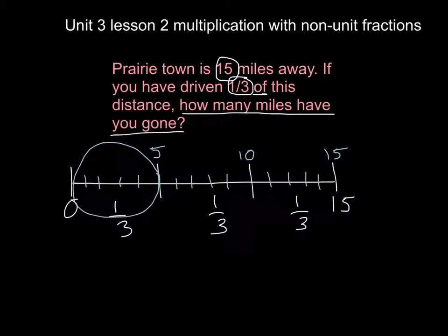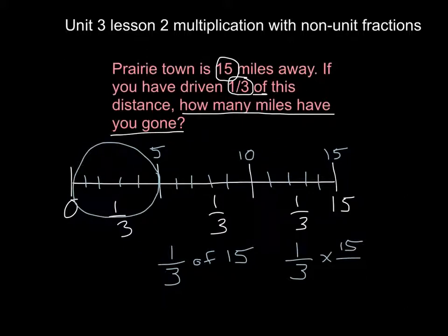So let's solve this using multiplication of whole numbers and fractions. So we'll set this problem up. I drove 1/3 of 15 miles. I know from the previous lesson again that of means multiply, so I will rewrite that to 1/3 times 15.